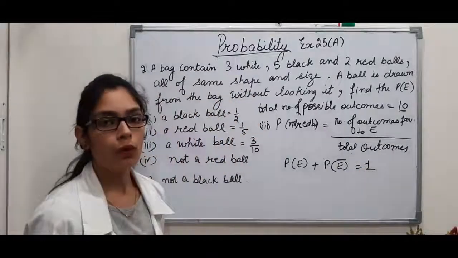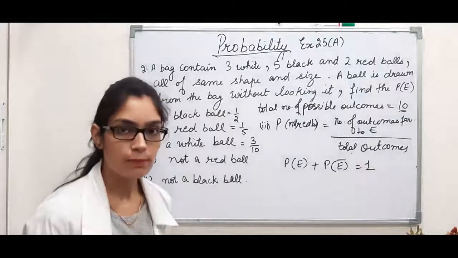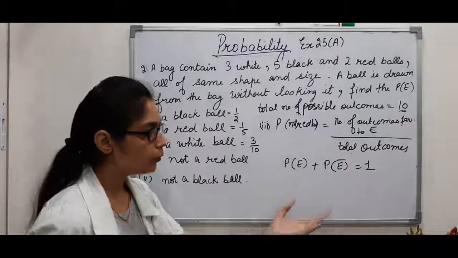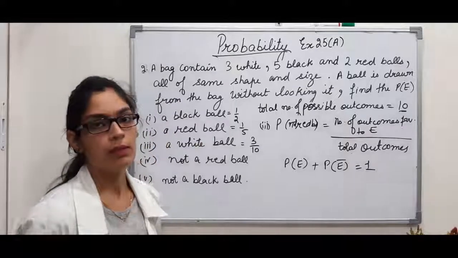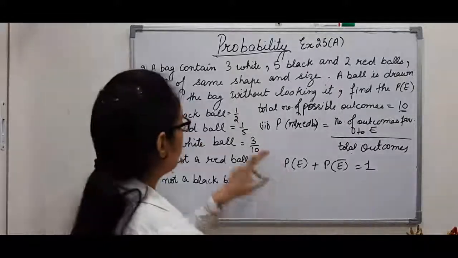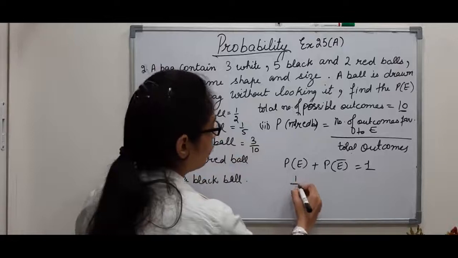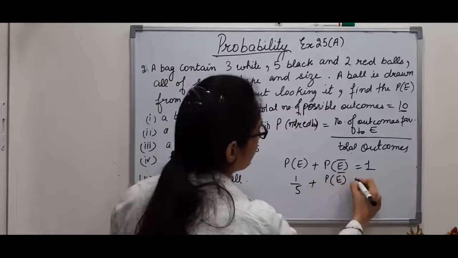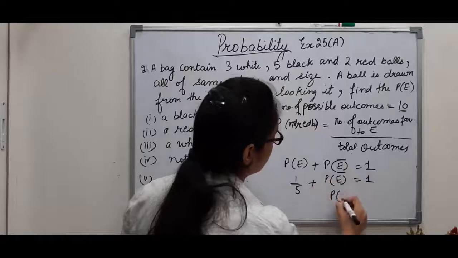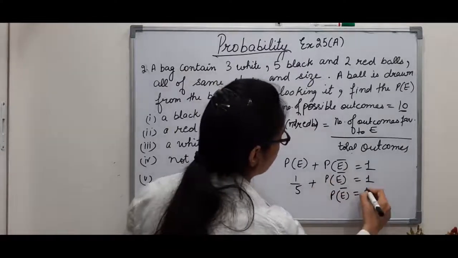P(E) and P(not E) will always be complementary events, and complementary events on addition give me 1. The probability of a red ball is 1 by 5, plus this you have to calculate, equals 1. So I will find P(E bar) equals 1.